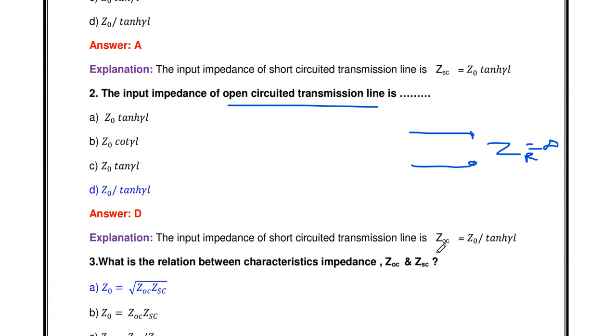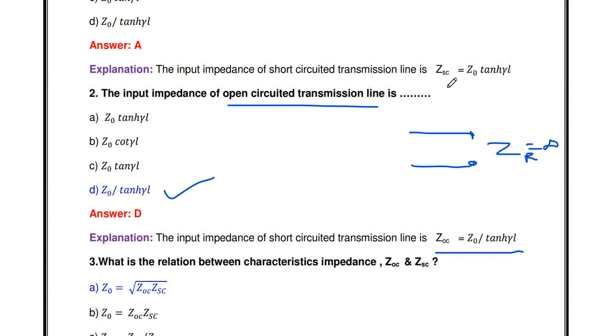The answer is ZOC equal to Z naught divided by tanh ηL, or sometimes 1 divided by tanh is written as coth, so Z naught coth ηL. But here Z naught cot ηL is given, so this is not correct. Z naught divided by tanh ηL is the answer.